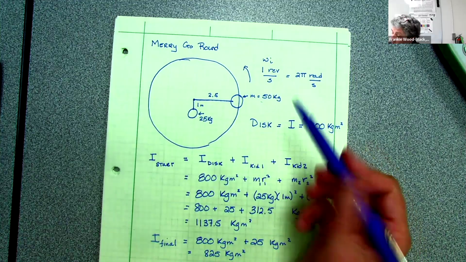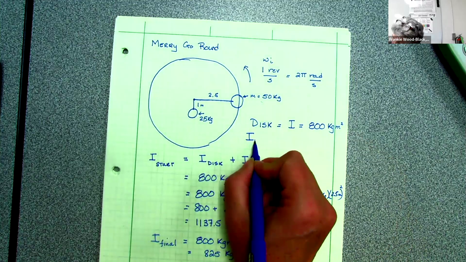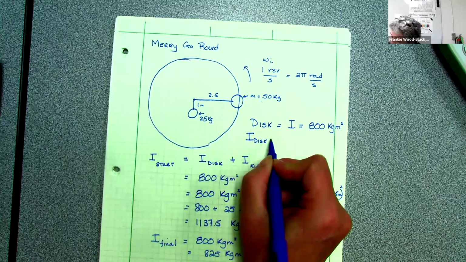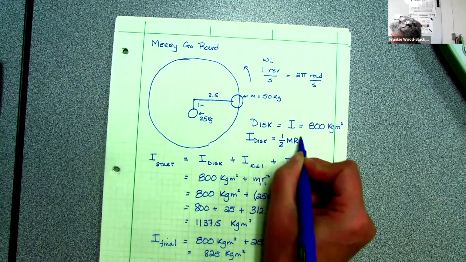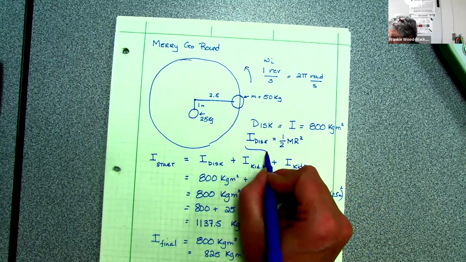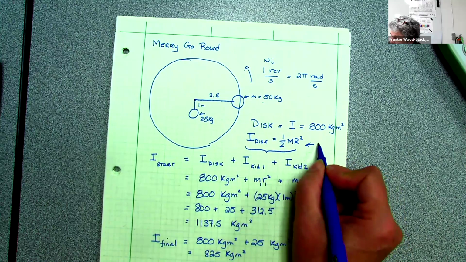Now, for a disc, just so that you've got that down, because discs are one that we use a lot, the moment of inertia is 1/2 m r squared. That's the equation for a disc. You can look these up in tables.